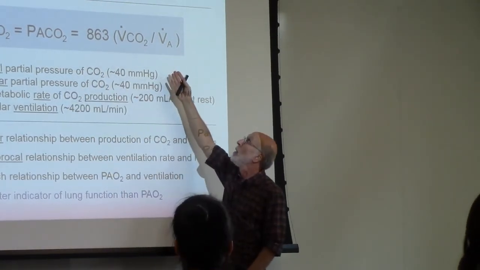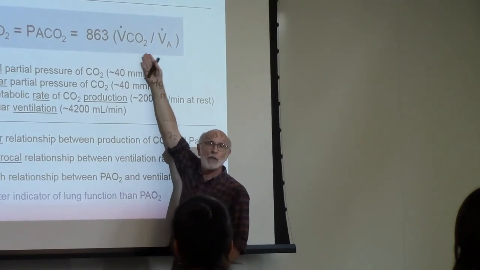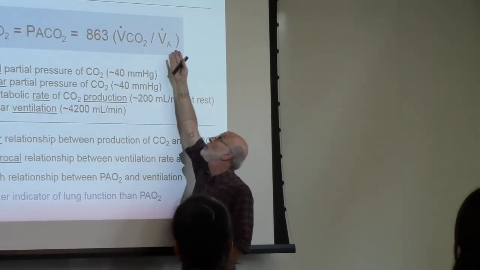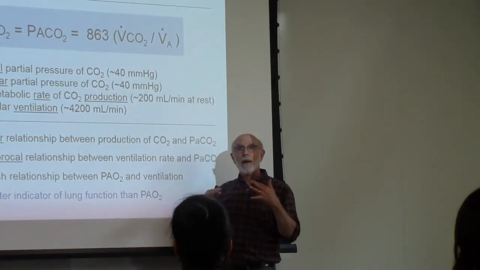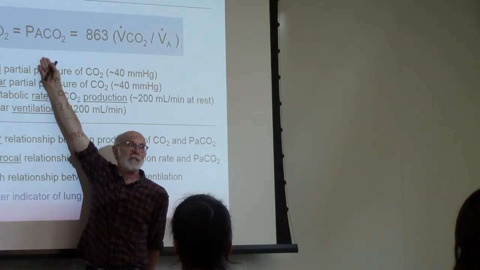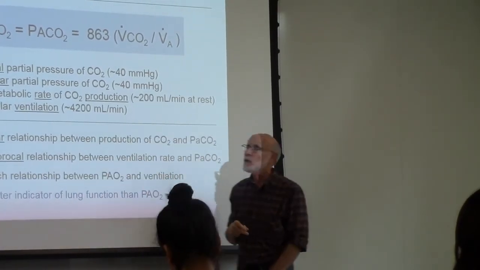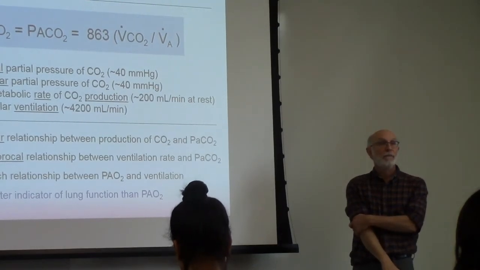So this ratio, the production of CO2 and the ventilation of alveoli, is maintained at a balance in order to maintain the partial pressure of CO2 in arterial blood. And we'll see in a few minutes why that comes down to acid-base chemistry as well.